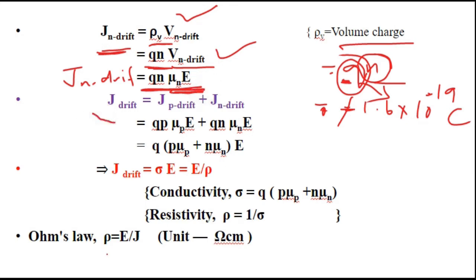Now we can find the total drift current density, J drift, which is Jp drift plus Jn drift.